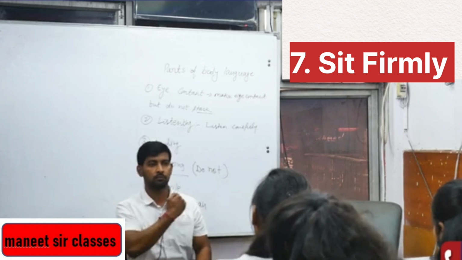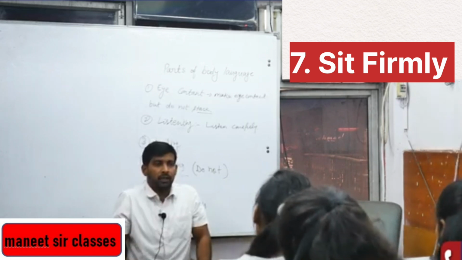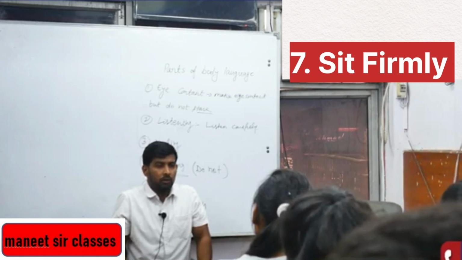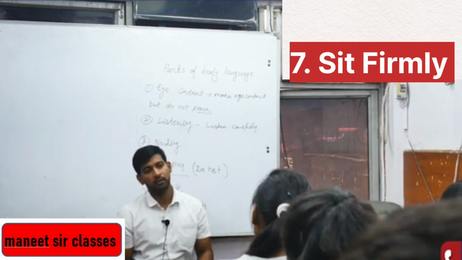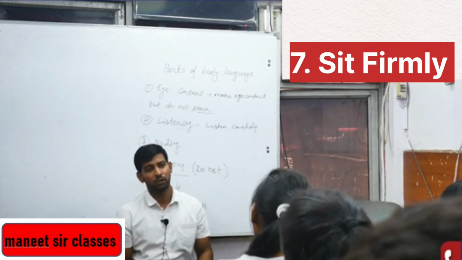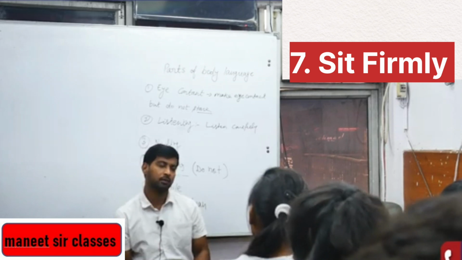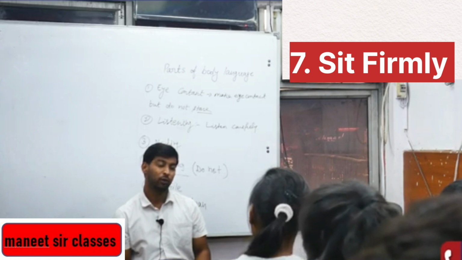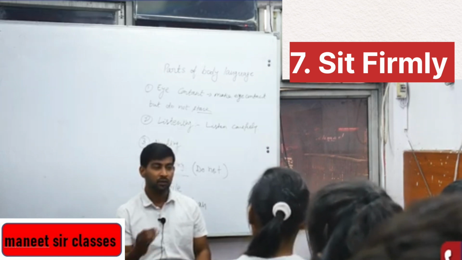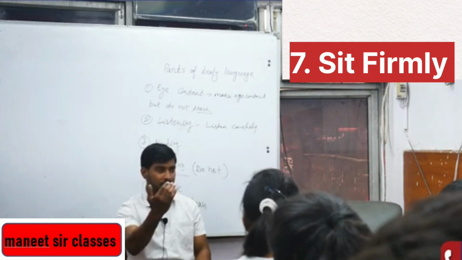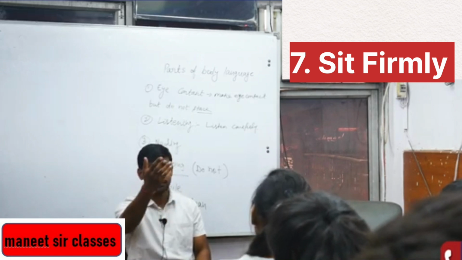Level. Clear? It shows that you are not comfortable. It shows that you are not excited. If your shoulders are like this, you are not comfortable. If your shoulders are like this, you are not excited. You are not confident. So these are the signs that people can understand.